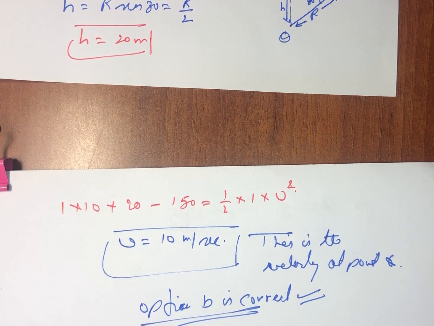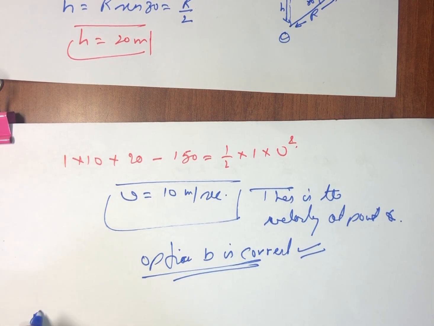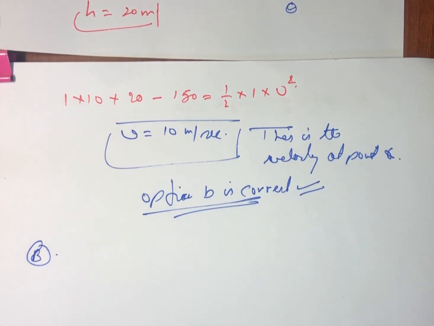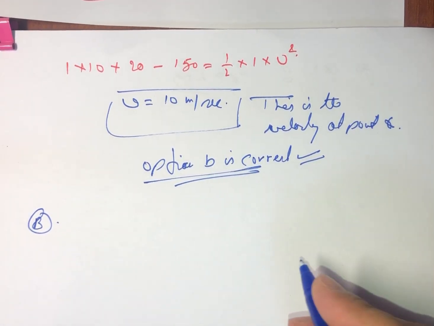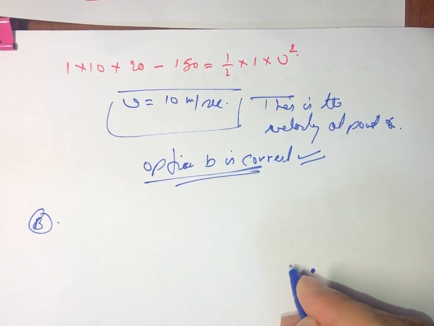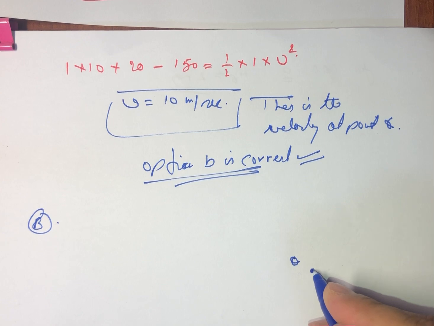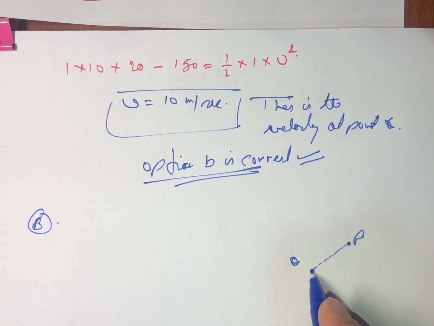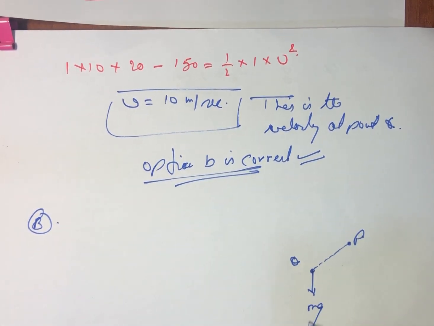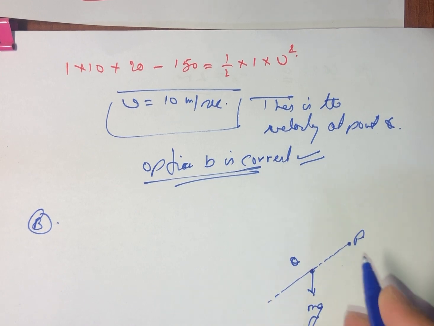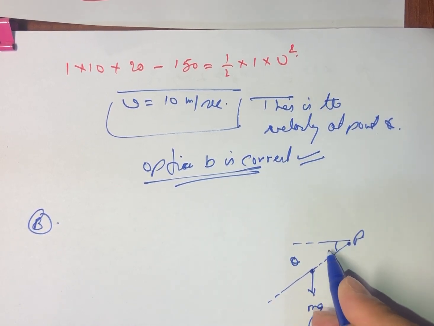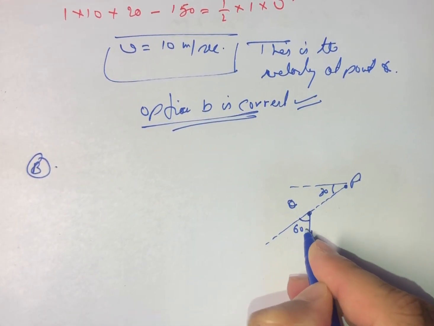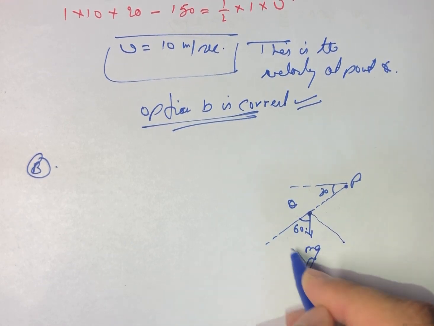Next, for the second part, we are supposed to find out the normal reaction at point Q. Therefore, let us draw. This is our point Q, and we have point P. In the downward direction we are going to have mg, and this angle is given as 30, so we can say this angle will be 60. mg can be resolved into two components.